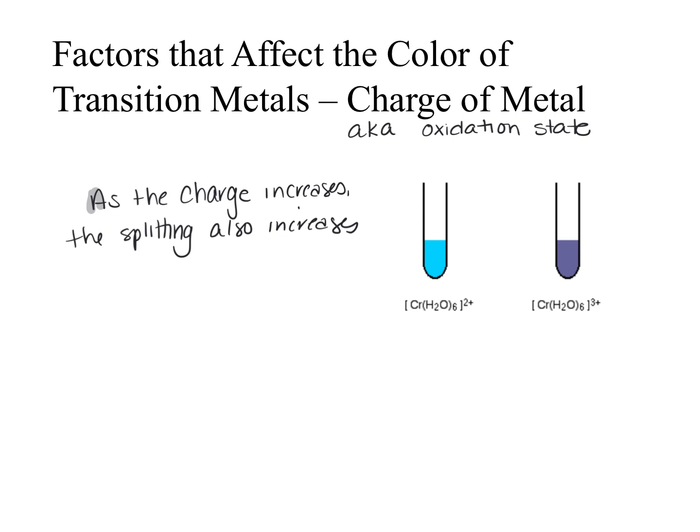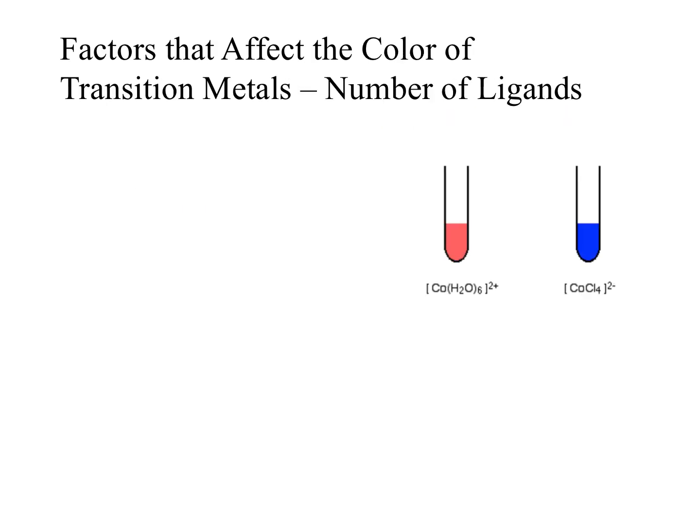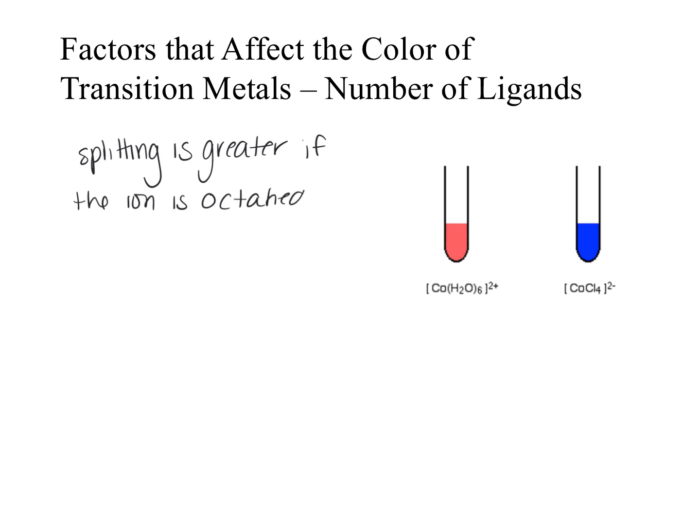And the final thing that can affect the color of transition metals is the number of ligands. So splitting is greater if the ion is octahedral, right? Compared to tetrahedral.